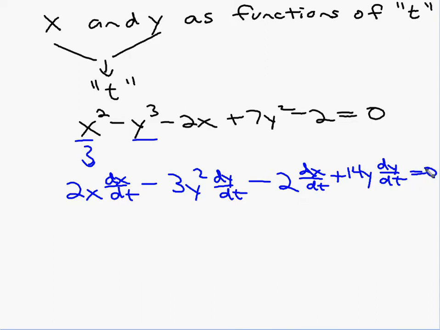Okay? Now what I want you to notice is that in this expression I have both a dx dt and a dy dt. Now, what we're going to see in our very first related rates problem is why that matters.